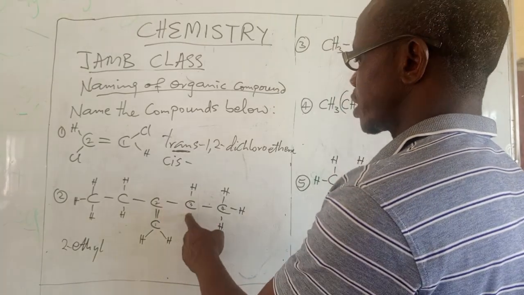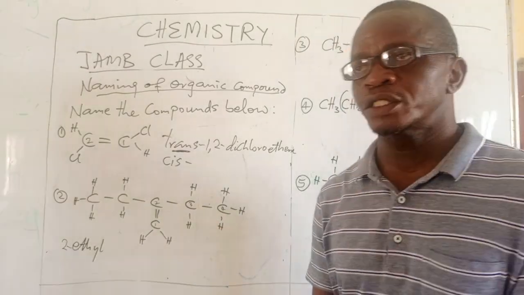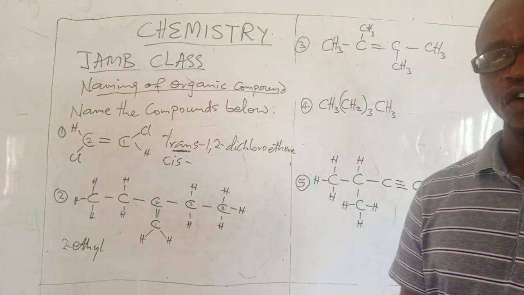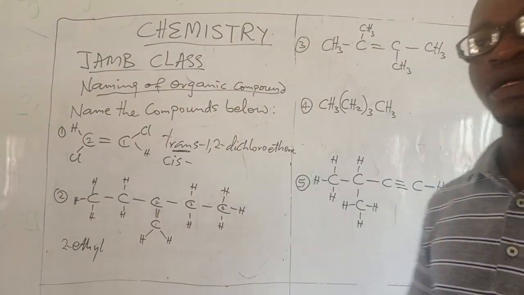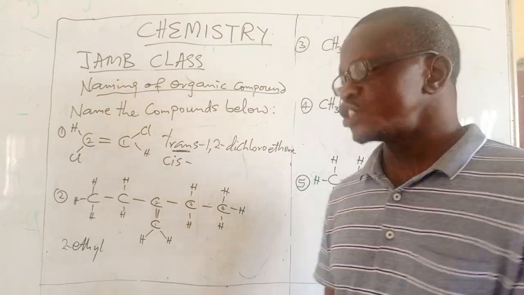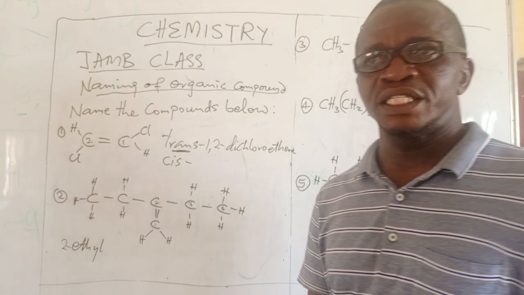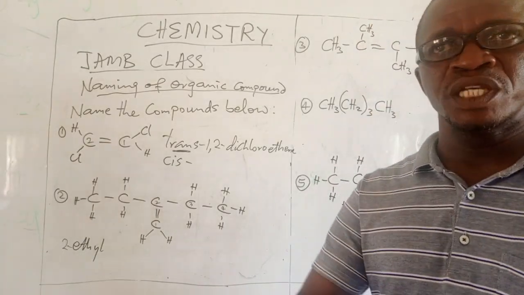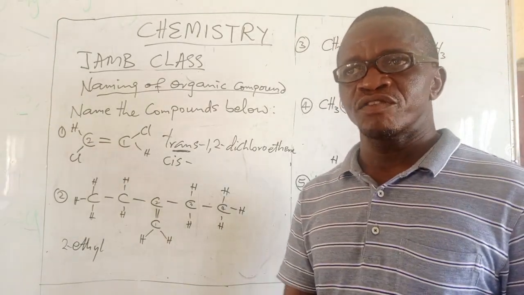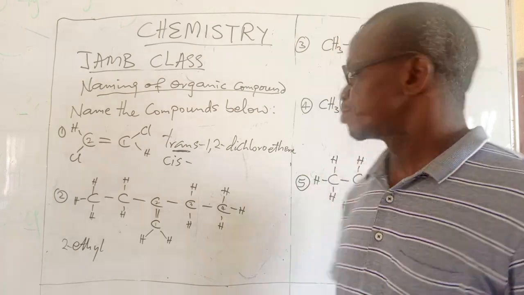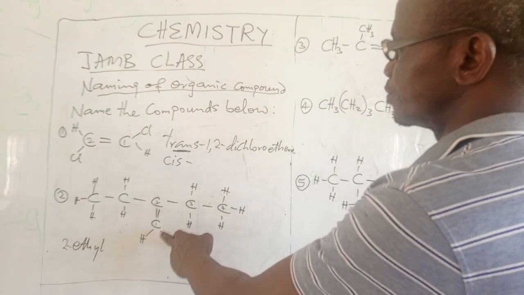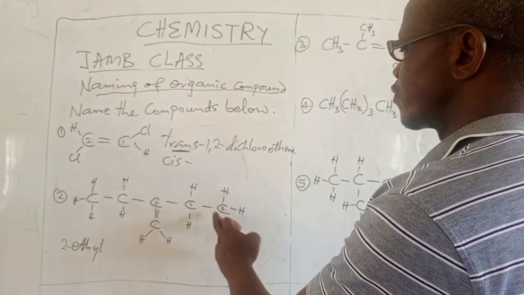1, 2, 3, 4. 4 means what? But 4 means but. 5 means pent. 6 means hex. 7 means hept. So now 1, 2, 3, 4.